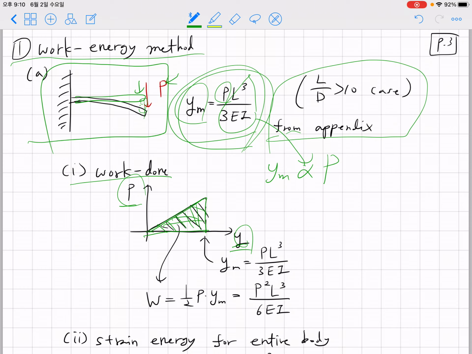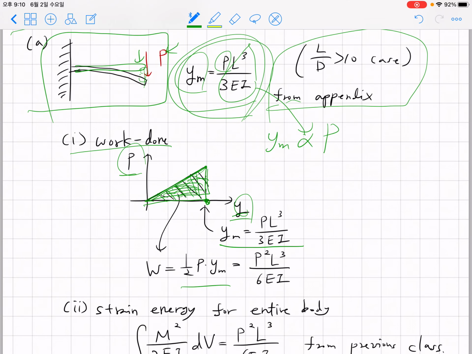beam. Okay, and at this final stage, ym is given as PL cubed over 3EI, and the area below this force displacement curve is one half P times ym, and it's given as P squared L cubed divided by 6EI.